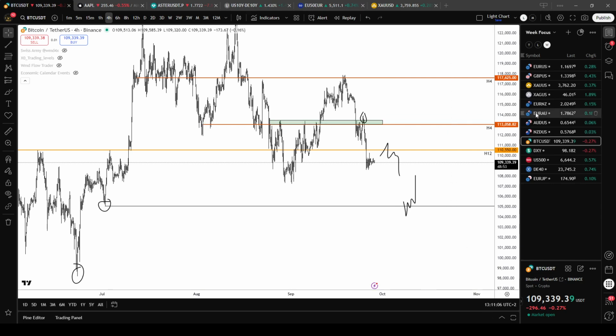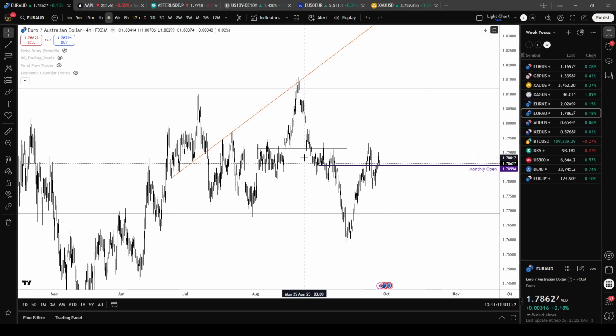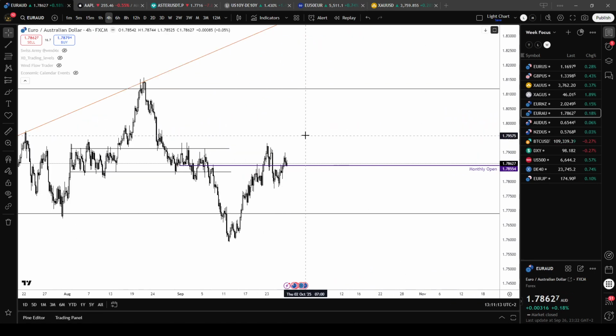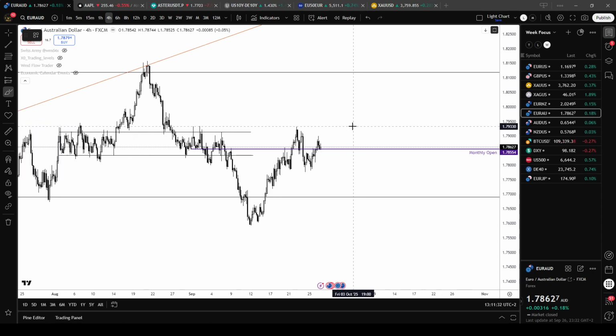And let's see if I want to cover something more. Yeah, maybe Euro AUD. I don't have much to say about this. I don't have a trade on this one right now because it's in the mid part of the range, and I don't know if longs or shorts are good from here, honestly.